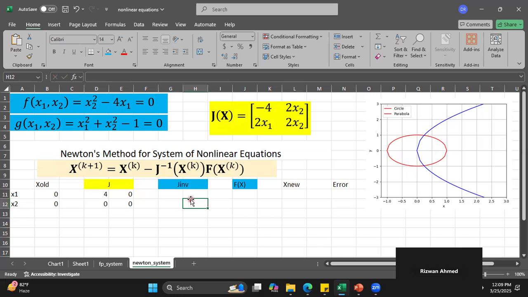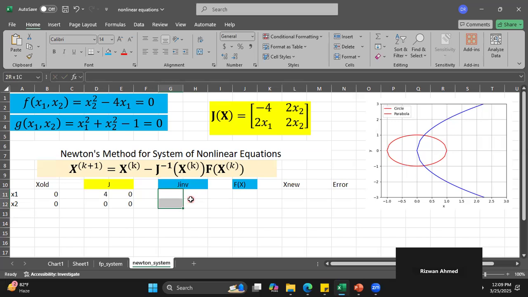Now for J inverse, it's a 2 by 2 matrix, so its inverse should have the same size. In Microsoft Excel, there are a few functions available for matrices, like matrix multiplication and matrix inverse.